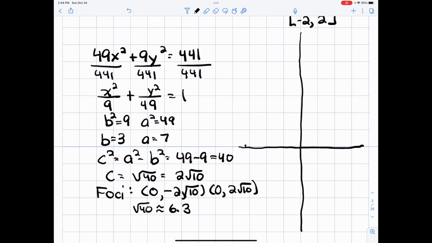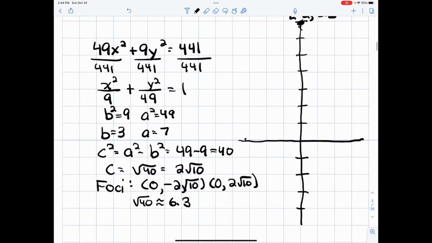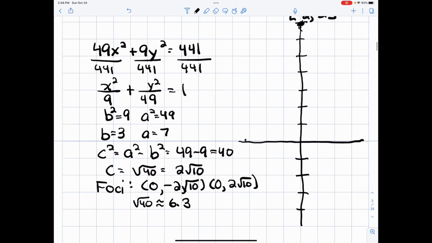Okay, so A is 7, so along the y-axis is our major axis. 1, 2, 3, 4, 5, 6, 7. So we've got to go up to 7 there. Then 1, 2, 3, 4. Oh my gosh, I'm going to cut this in half because I don't like that. You can't even see what I'm doing up there.